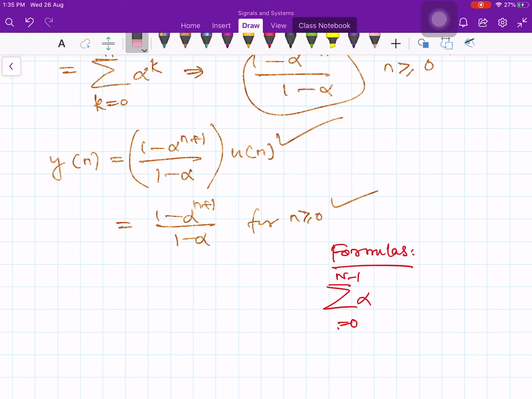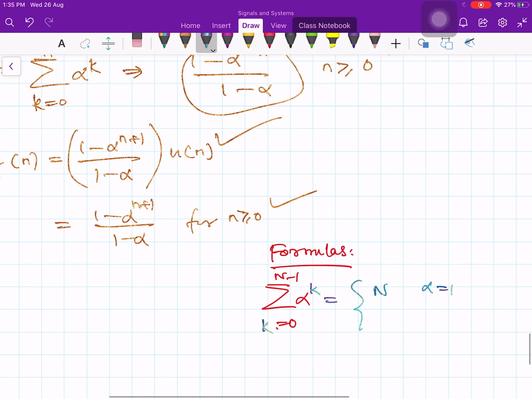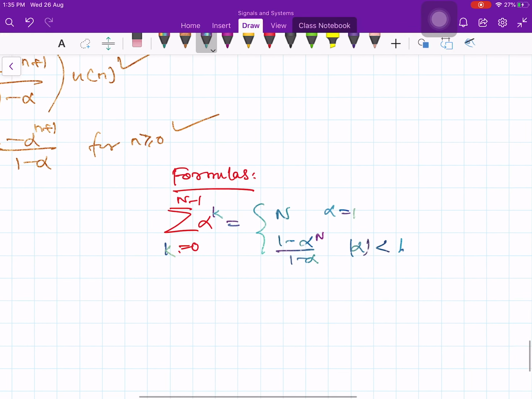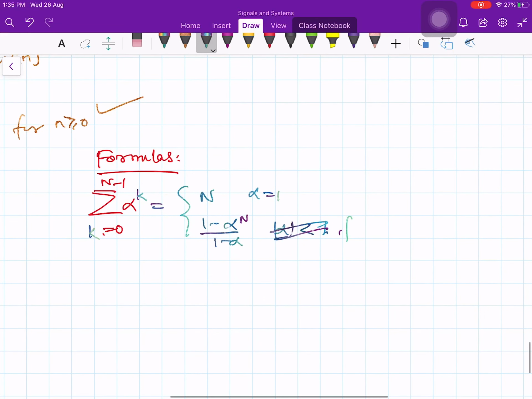Sigma k equals 0 to capital N minus 1 of alpha to the k is equal to capital N for alpha equal to 1, and 1 minus alpha to the capital N divided by 1 minus alpha for alpha not equal to 1, for any complex number. So this is called the finite sum formula.